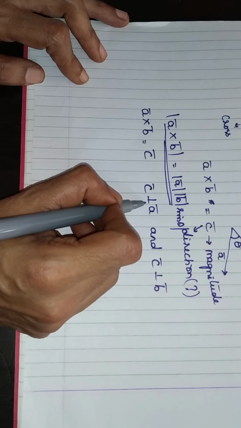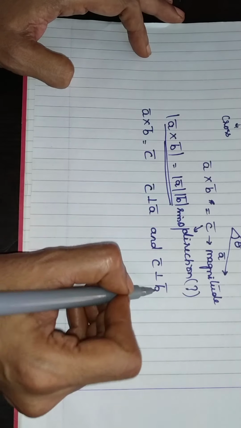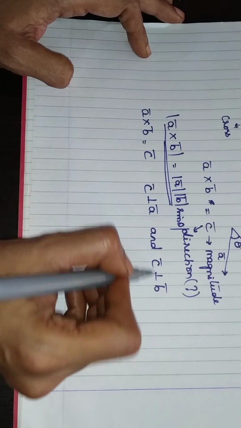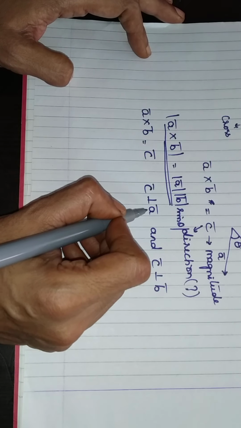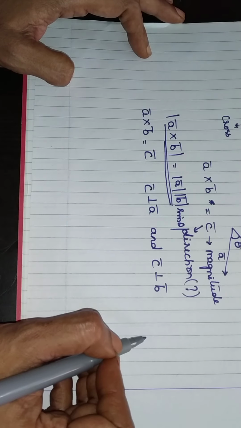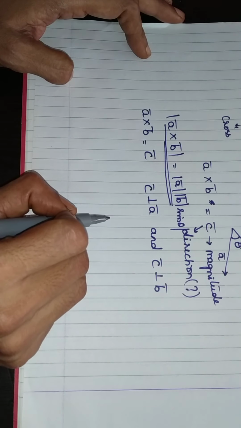Now A and B lie in the same plane. So C is perpendicular to the plane of A bar and B bar.